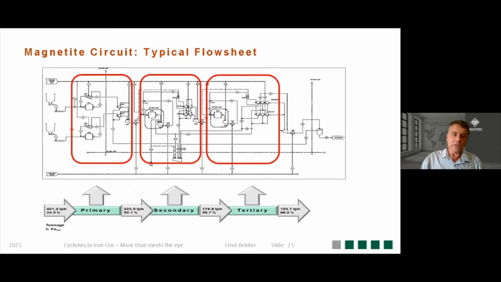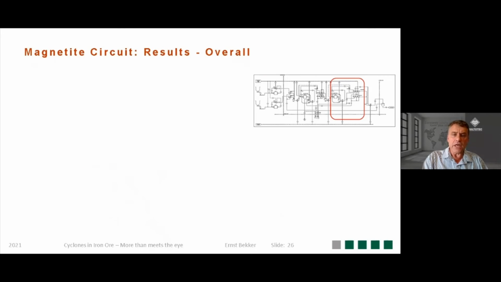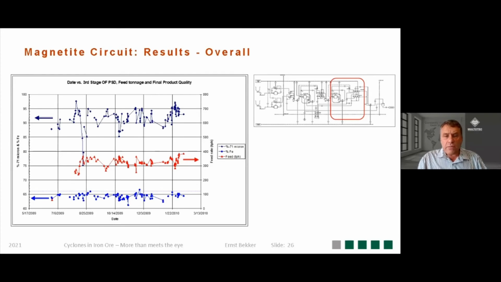So the requirement was to treat just over 400 tons an hour and take up the feed grade from 34.5% to 66%. So that was the brief that was given to us. We worked with the engineering house on this project, and after some time, these were the results that were produced. Starting with the bottom, that's the grade. 66% Fe could not be achieved at that point in time.